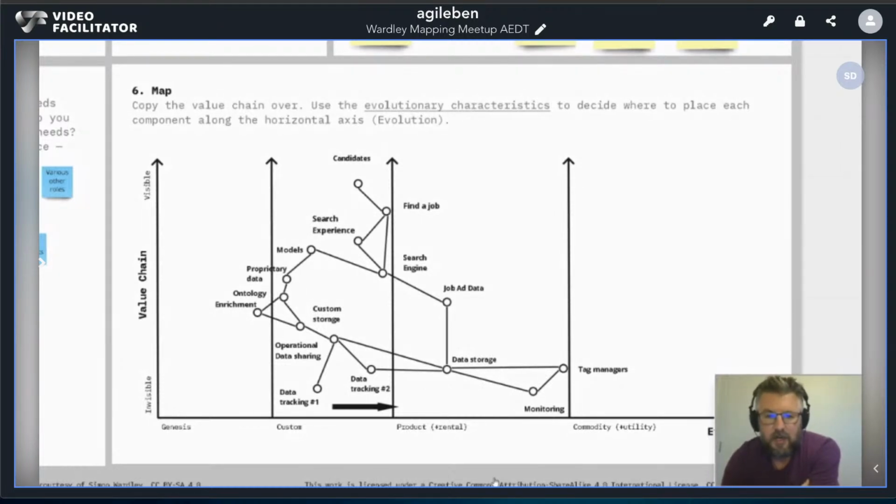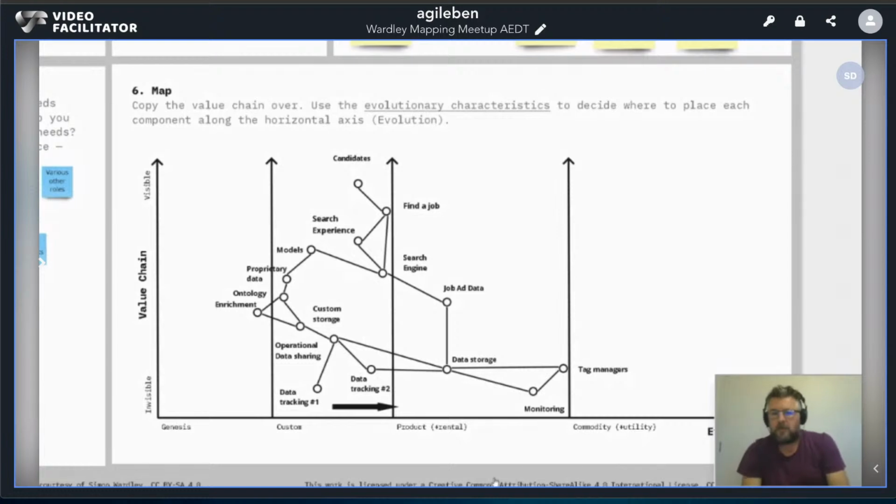We've got means for sharing data around different groups who are using and working with data. You can see we've got a number of different data tracking solutions. I marked one, data tracking 1, data tracking 2. As I mentioned, there were actually about 10, but we've kept this one a bit simple. And then we can also see that the search engine relies on job ad data, and data storage, monitoring, and tag managers.